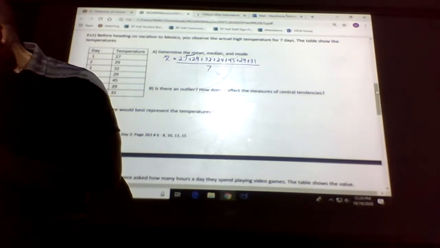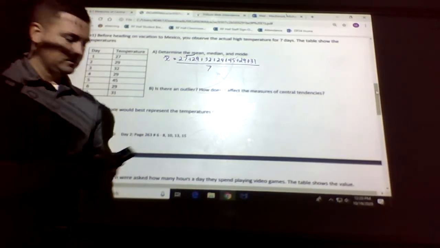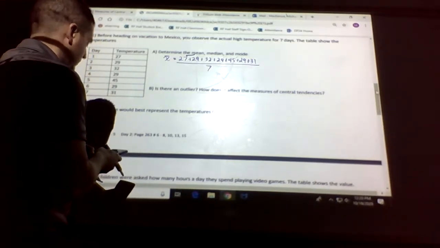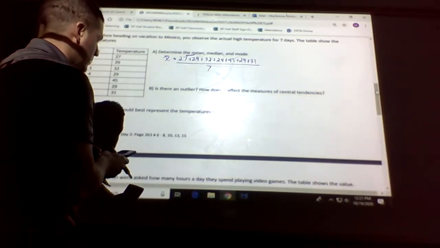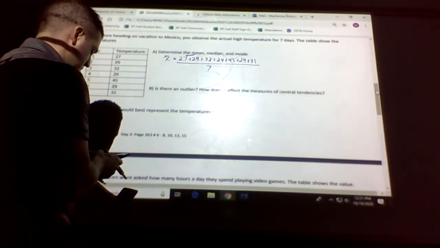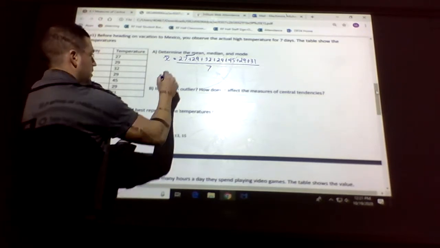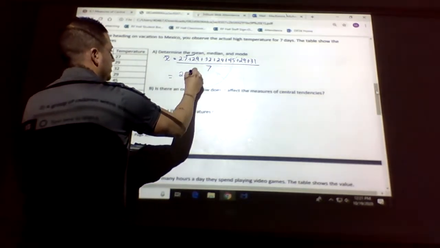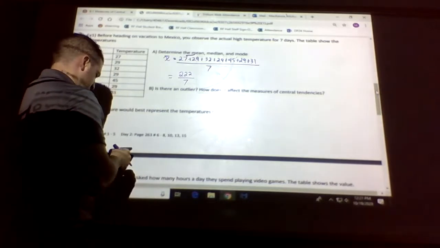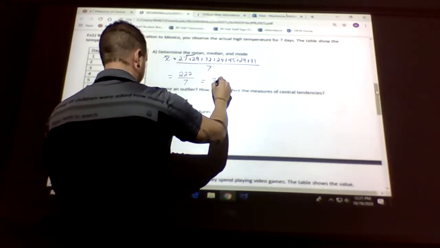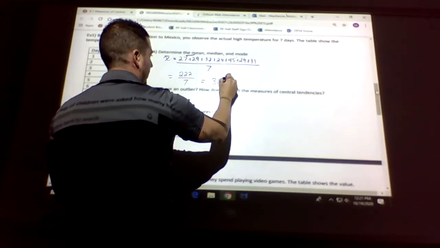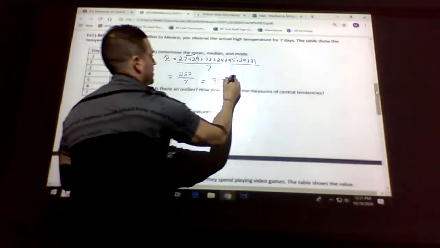When you plug this in, you get 222 divided by 7, which gives you an average temperature of 31.7 degrees Celsius.